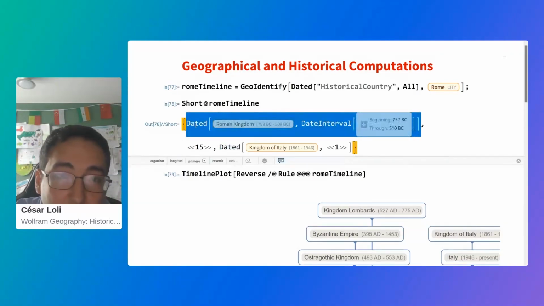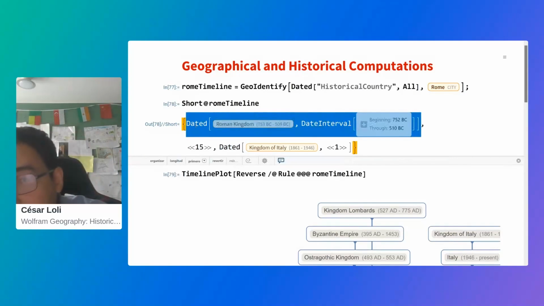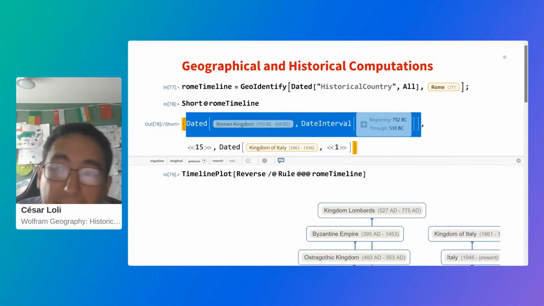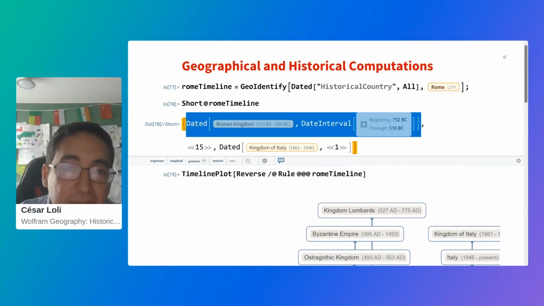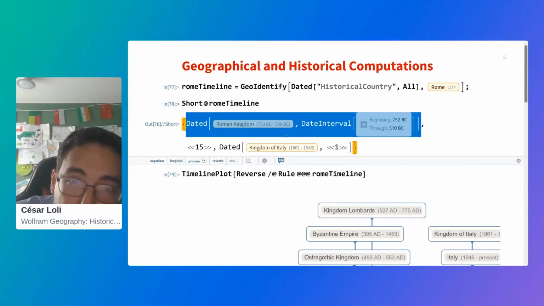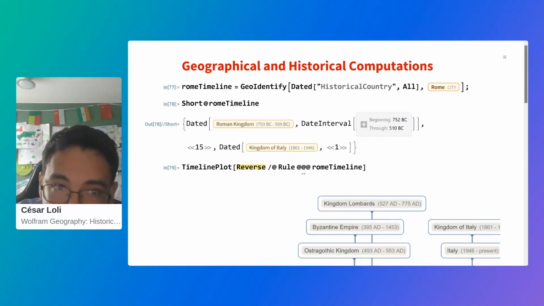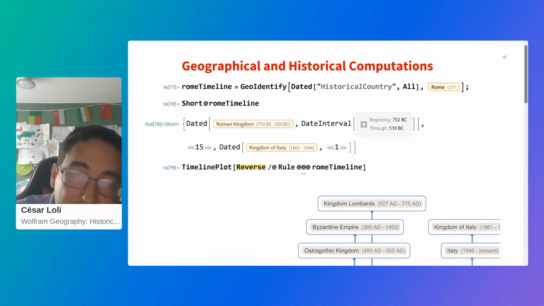This will allow us to know not only which entities we have sought, but also in which times the entity contained the point that I am searching. For instance, this allows us to see a timeline of all the historical nations that have contained the city of Rome with the times in which that happened.